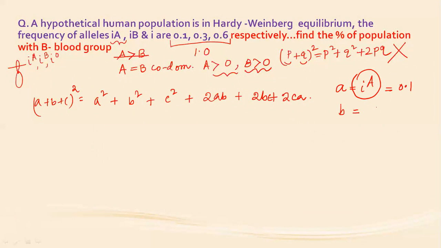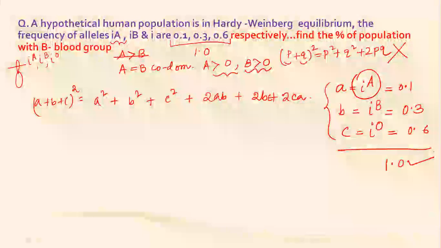The lowercase b is the IB allele, that is 0.3, and c equals the allelic frequency of IO. So for A, B and O you have a certain allelic frequency taken as a, b and c, and c equals 0.6. The addition of these will lead to 1.0.